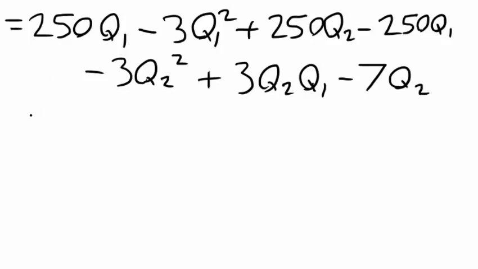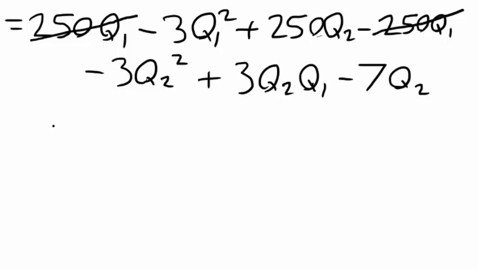So again, this is one long profit function, and we want to make it smaller somehow. We would combine like terms and see where we could cancel terms out. Right off the bat, we can cancel these 250Q1 and 250Q1 right here because it's adding and subtracting the same number, so they go away. And then we could combine this 250Q2 and negative 7Q2.